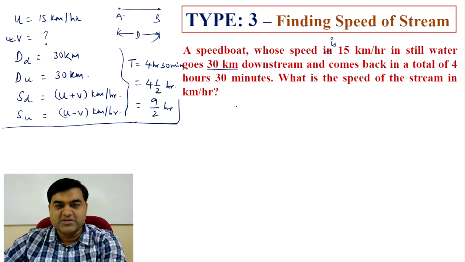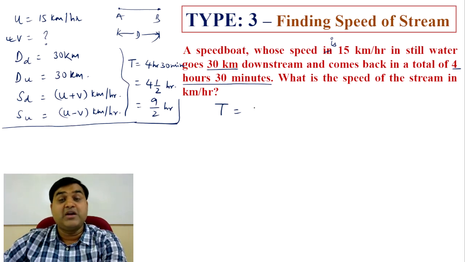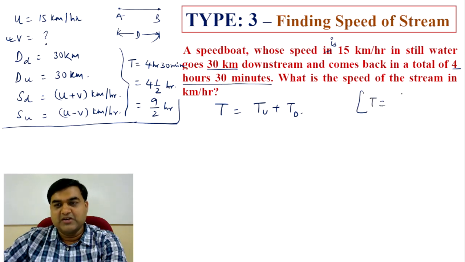Considering we know the formula, this 4 hour 30 minute is the total time taken upstream and downstream. So T is equal to T up plus T down. And what is T? T is nothing but distance by speed. Why?